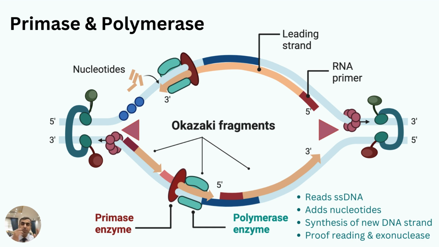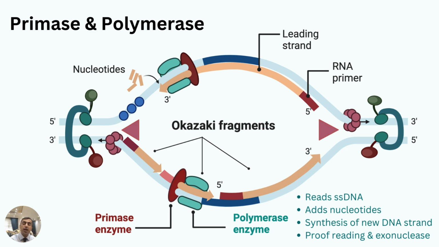The enzyme responsible for synthesizing and adding nucleotides to make new strands is called the DNA polymerase enzyme. But this enzyme cannot work alone. It needs a small, short nucleotide sequence.